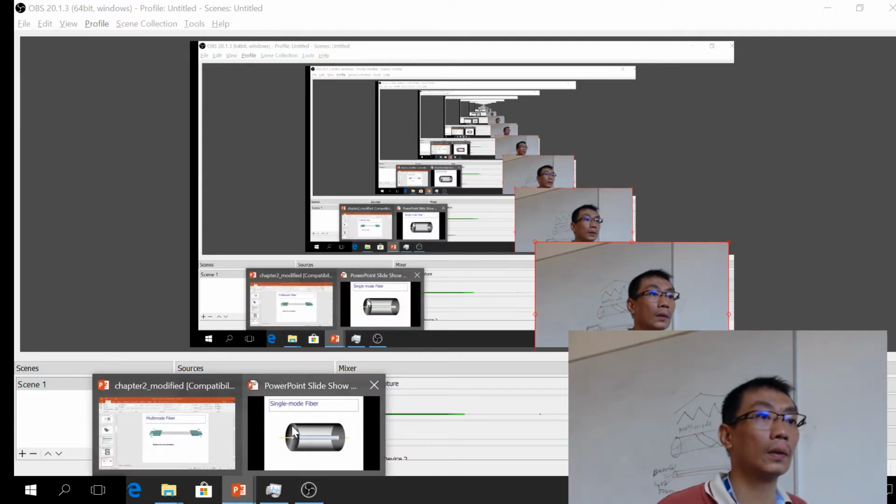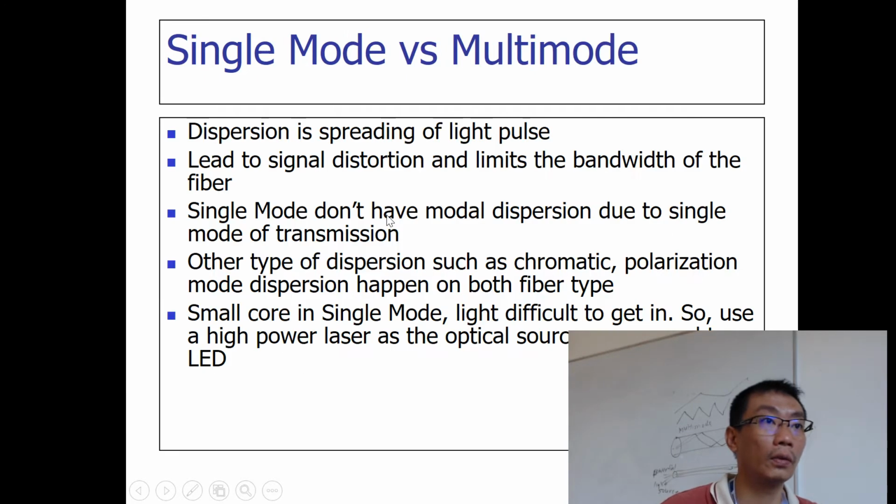Now let's go on. So this single mode fiber. Dispersion means the spreading of the light pulse. So dispersion will lead to signal distortion and limit the bandwidth. In single mode, it does not have modal dispersion due to the single mode of transmission.